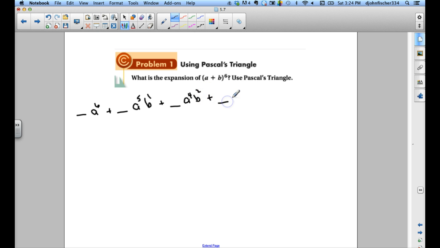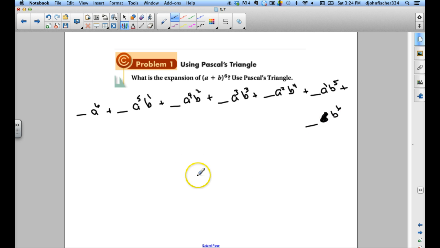Plus blank, a to the 3rd, b to the 3rd. Plus blank, a to the 2nd, b to the 4th. Plus blank, a to the 1st, b to the 5th, plus, and I'll go down here, a to the 0, b to the 6th. Now a to the 0 is 1, so we don't put that in there.